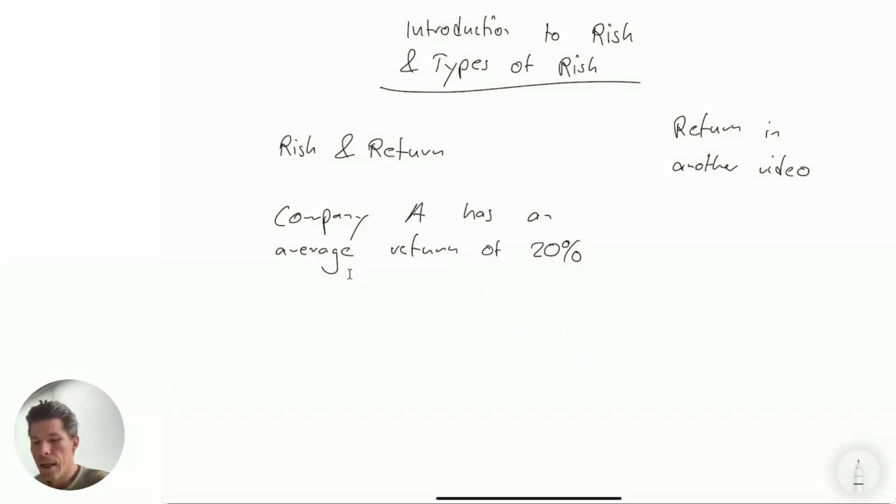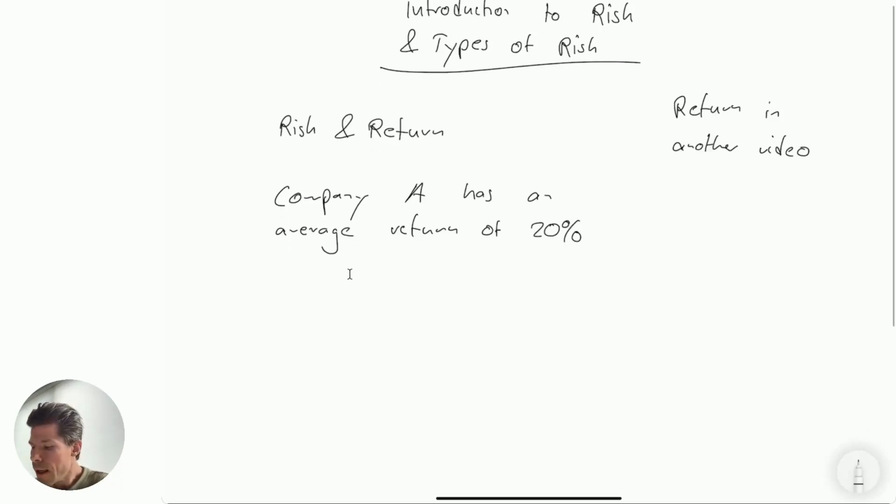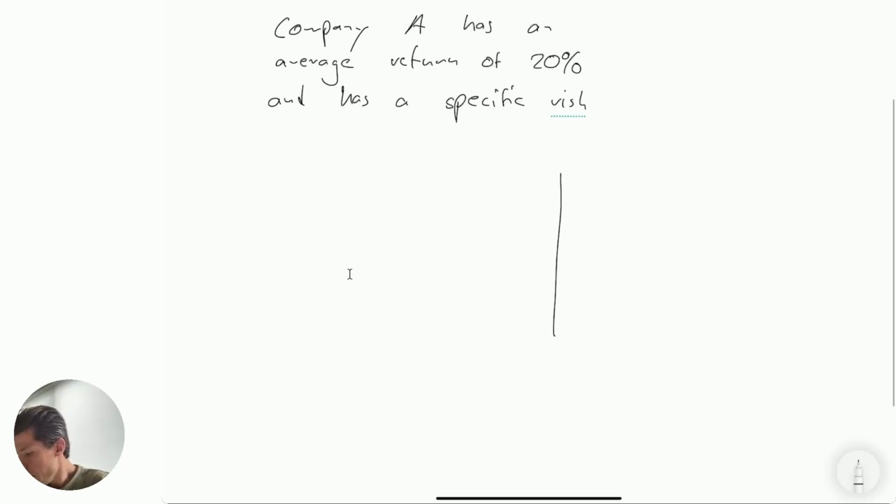So if you invest in the company, again, we can do the same for a portfolio, which I will discuss in another video, the average return is 20%, and it has a specific risk. So 20% is the average or expected return.